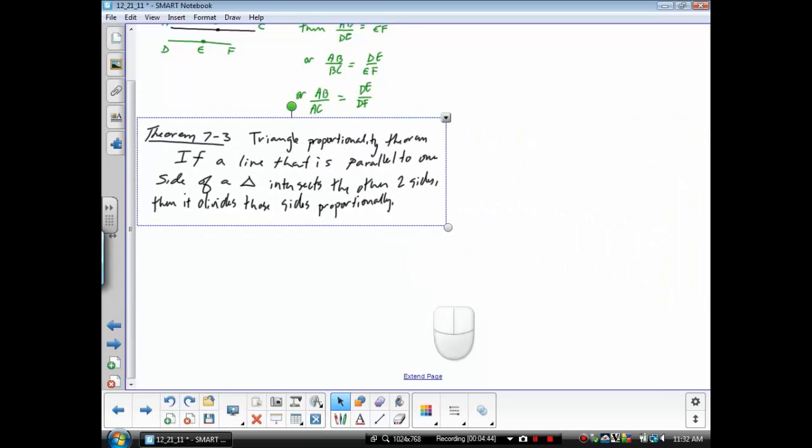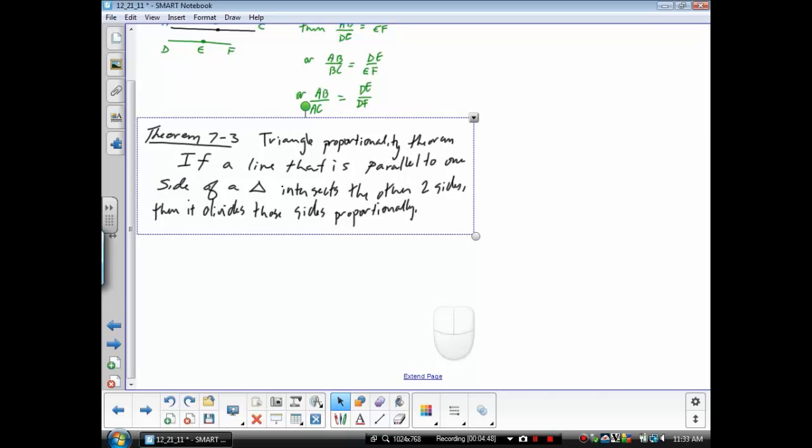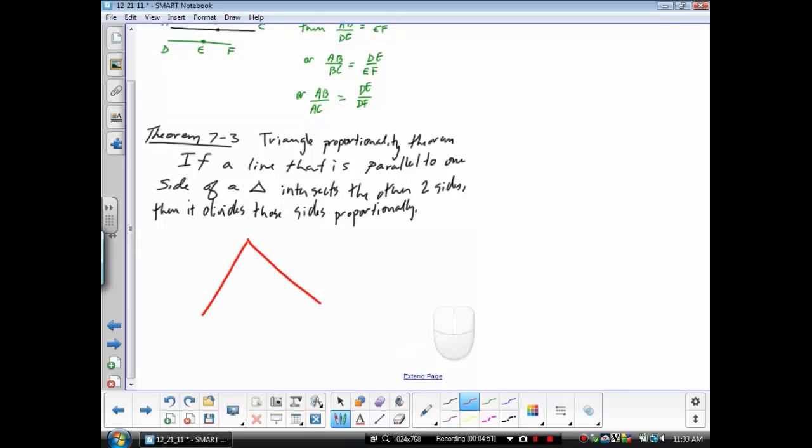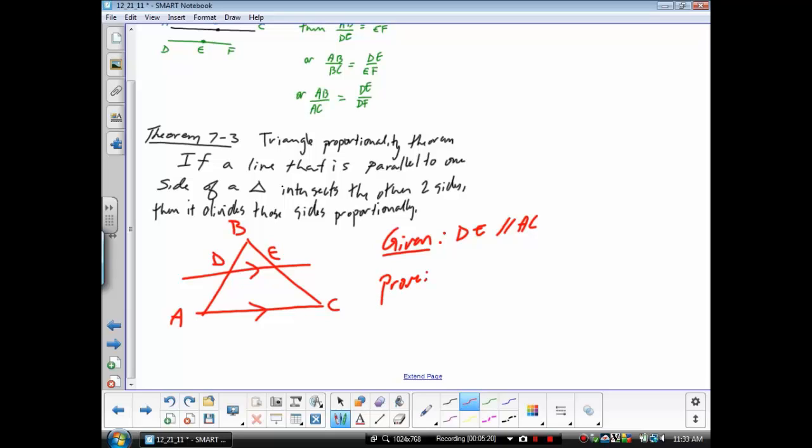So what I need here is a triangle with a line parallel to one of the sides and intersecting the other two sides. So here we're going to be given that DE is parallel to AC. What we want to prove is that that line divides those sides proportionally.